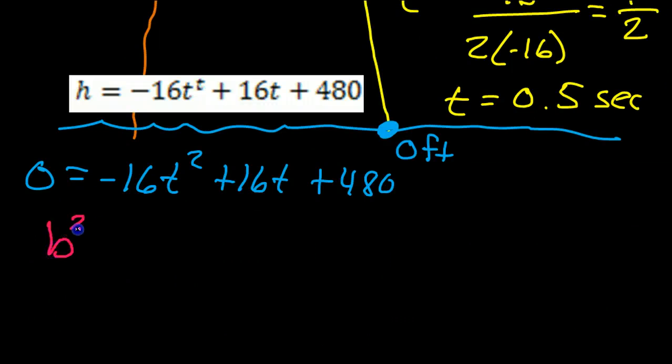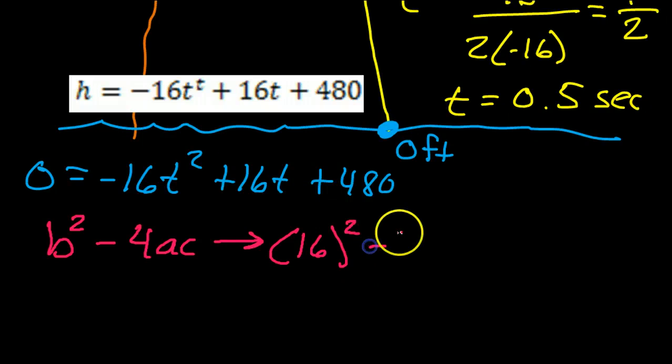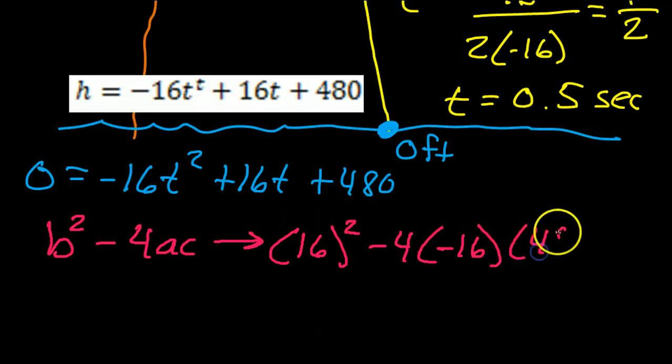First thing we do when we use the quadratic formula is find the discriminant, b squared minus 4ac. So b squared, that's going to be 16 squared minus 4 times negative 16 times 480. That'll give us the discriminant.